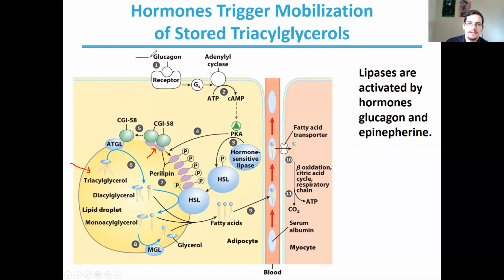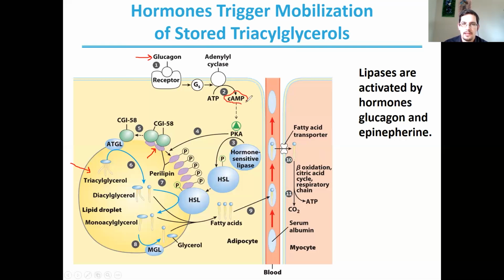So our mobilization of fat is going to be triggered by signals. This would either be glucagon or epinephrine. Those would be our we-need-energy signals. And these will feed into the adenylyl cyclase, which produces cyclic AMP.